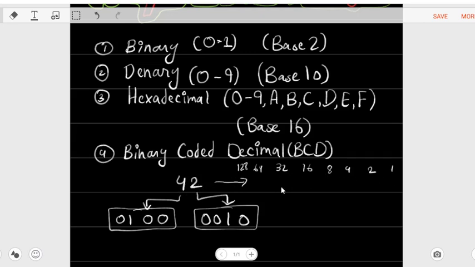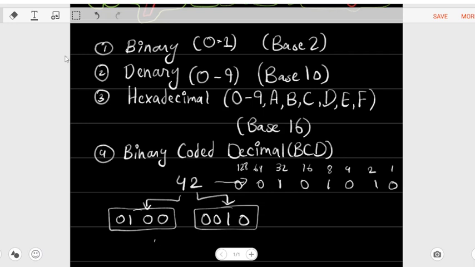The closest number we can get to 42 is 32, and the next one we should pick is 8, which gives us 40. Then we place a 1 over there as well. For the rest of them we just place 0 beneath them. That would have been the binary representation of the number 42.